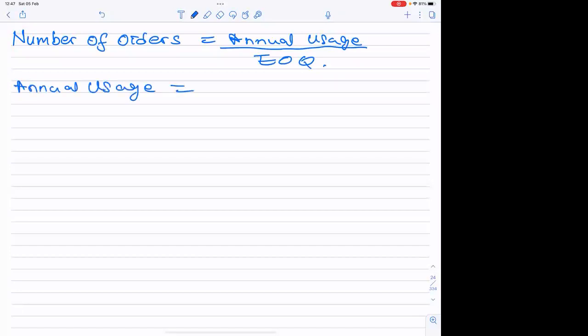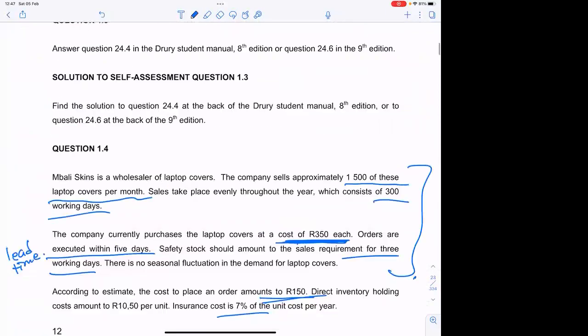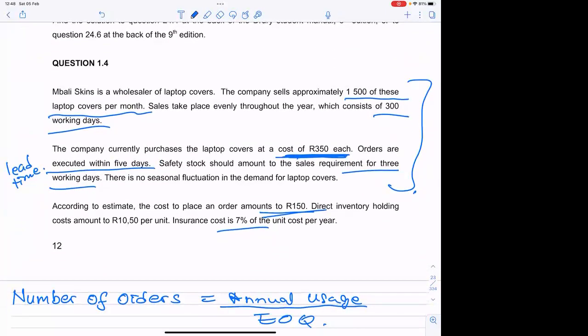If you've written down your formula, annual usage, let's go back. They are saying our usage is 1,500 of these per month. They did not give us how many months there are in a year, but we know from our general knowledge. If they gave you, you use what you are given. If they didn't, you use your knowledge.